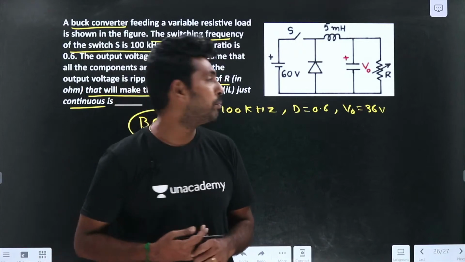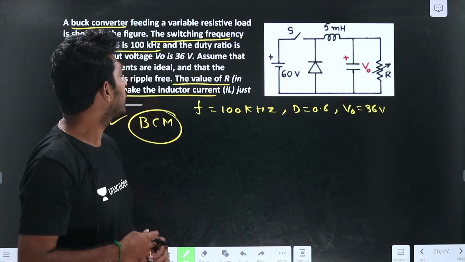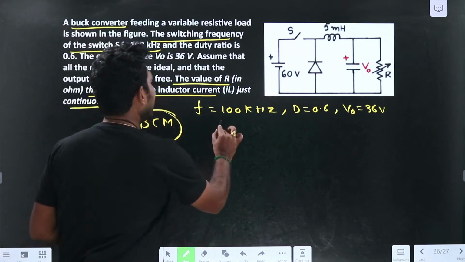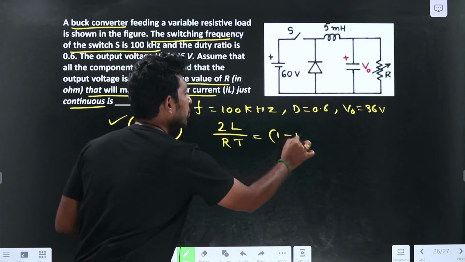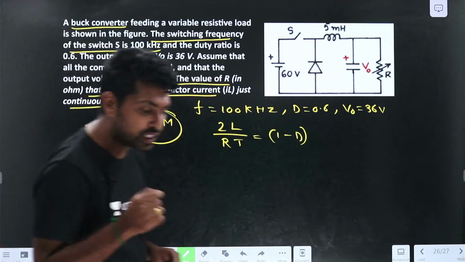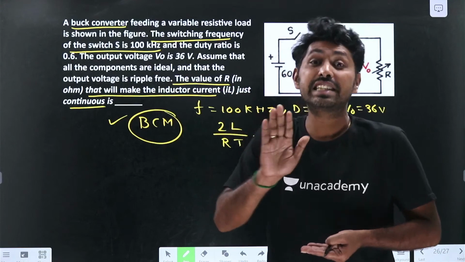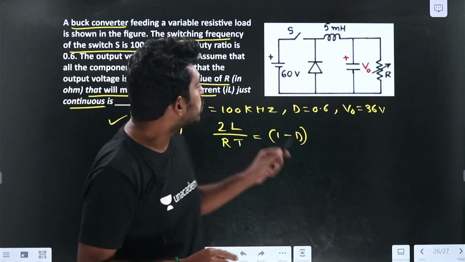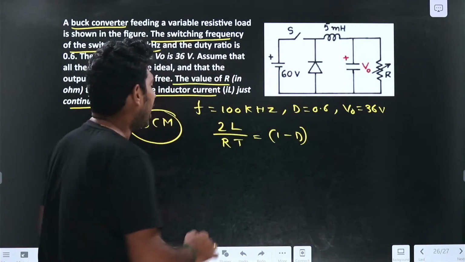For the boundary conduction mode, we know the condition for the buck converter: 2L by RT equal to 1 minus D. Here we need to find the critical resistance, the value of resistance for which this converter operates in the boundary conduction mode. From this, R critical we need to find.